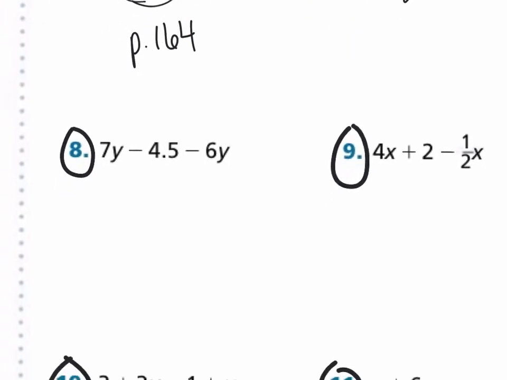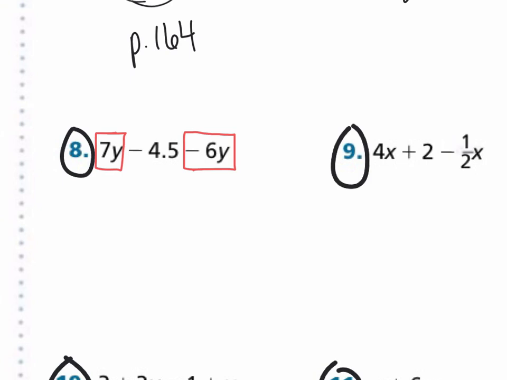Number 8, we do have some like terms, but they're not all like terms, so we're going to make sure we just combine the like terms together. And when you do this, the like terms, the sign to the left goes with the term. So we want to look at this. We've got 2 like terms here that have y's. We have a 7y minus 6y.